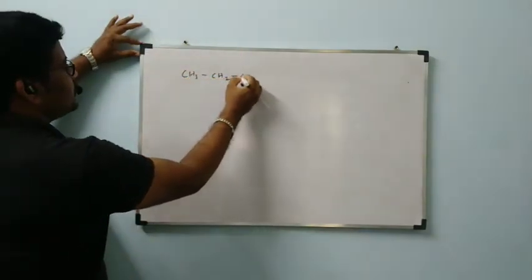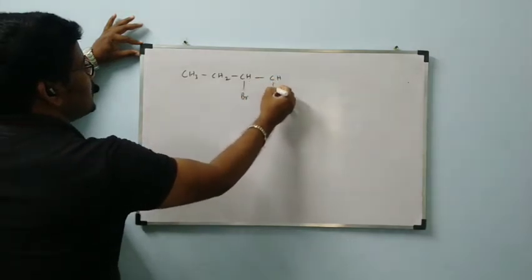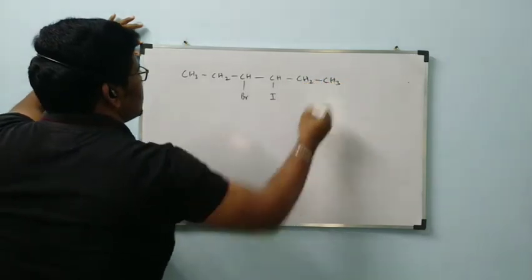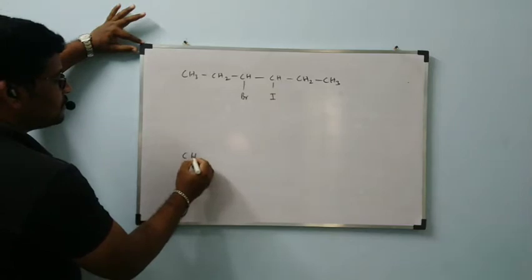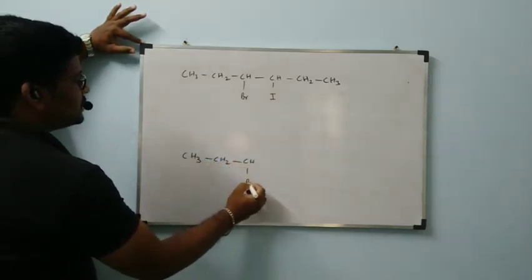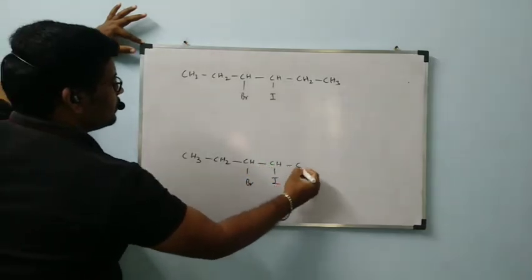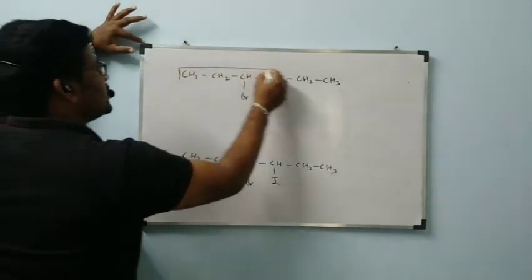CH3, CH2, CHBr, CHI, CH2, CH3. Next, the same compound: CH3, CH2, CHBr, CHI, CH2, CH3.